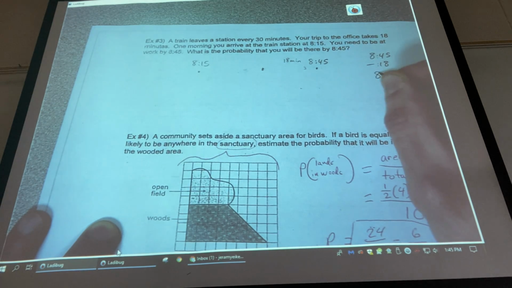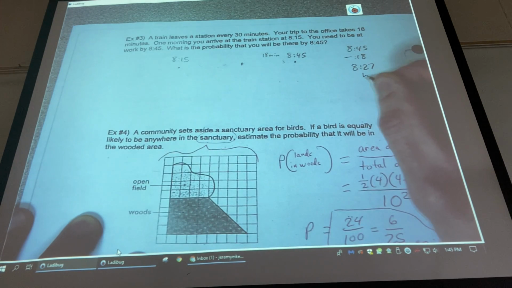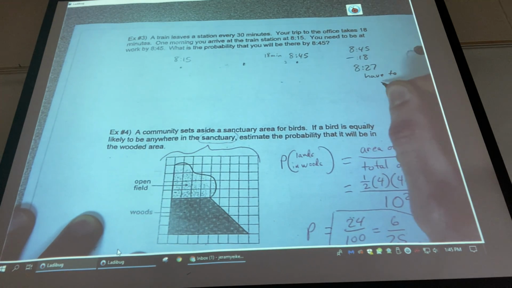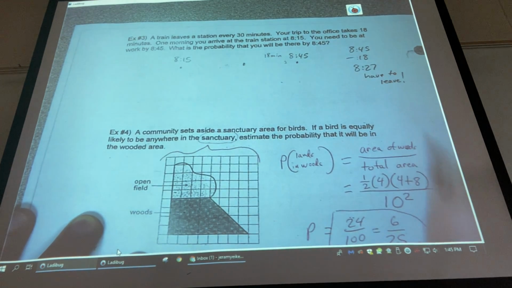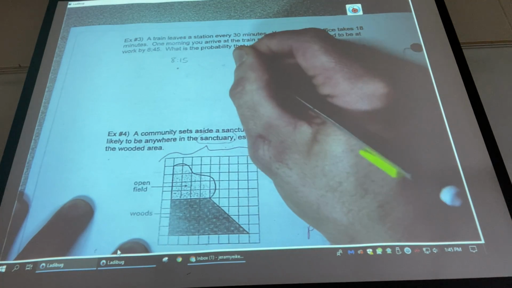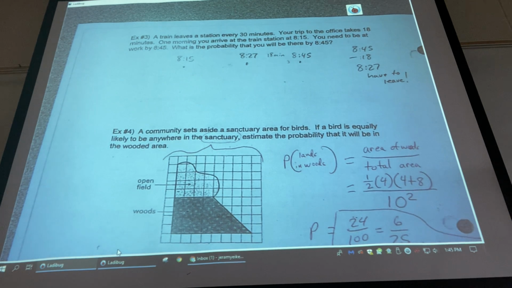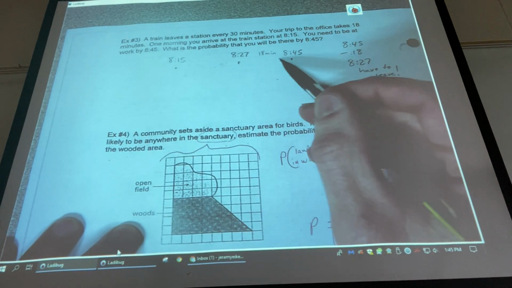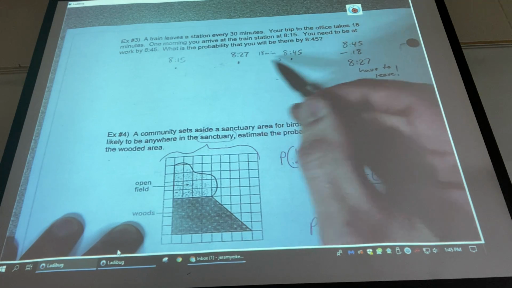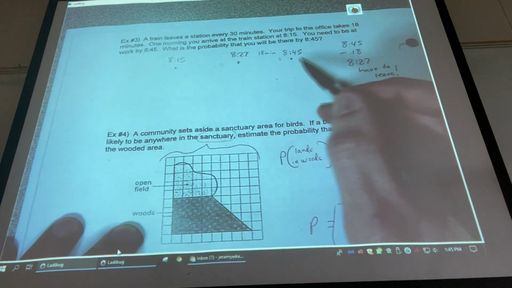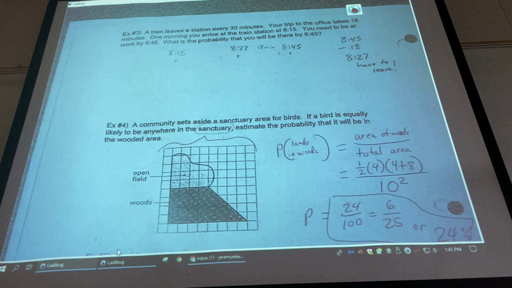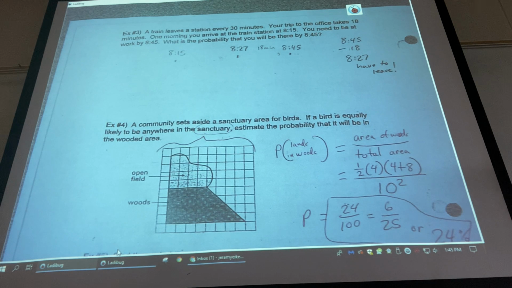Which means at 8:27 we have to leave. So 8:27 is the latest we can wait to get there on time. Anything beyond 8:27, we're going to be late. Basically, just start sprinting there. Yeah, you try to like get out and push, maybe.